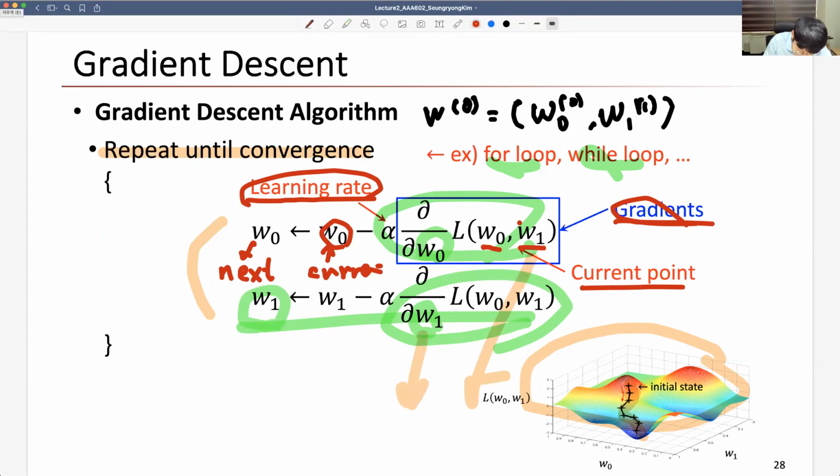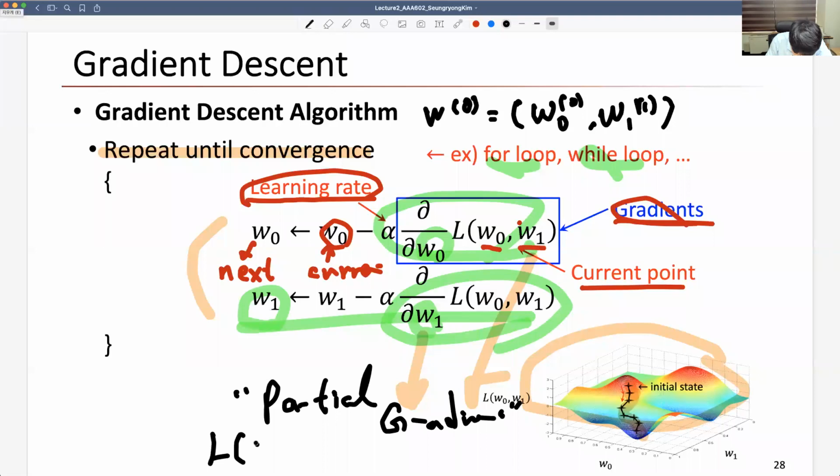In this case, this is called the partial gradient. Partial gradient means this loss function is related to both W0 and W1, so we have to find the gradient with respect to each variable.